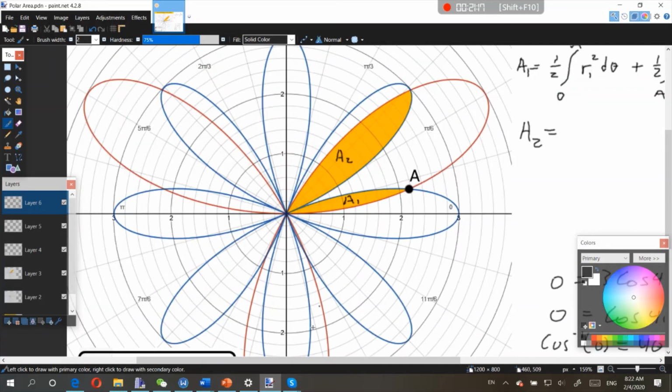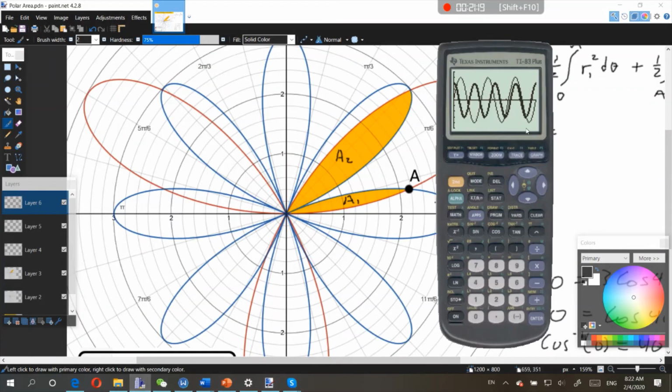This is when we actually come up. So we're in the middle of our 6th petal. Count that again: 1, 2, 3, 4, 5, 6 here. So my intersection's right here.